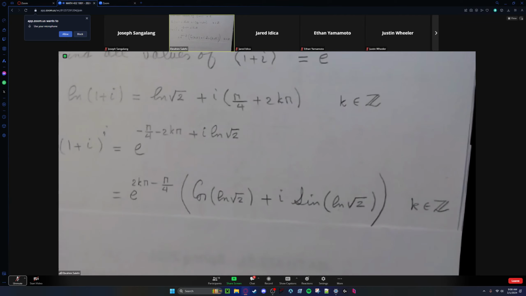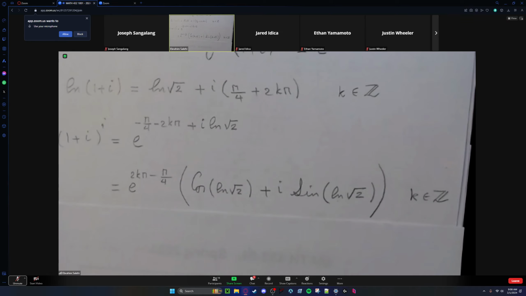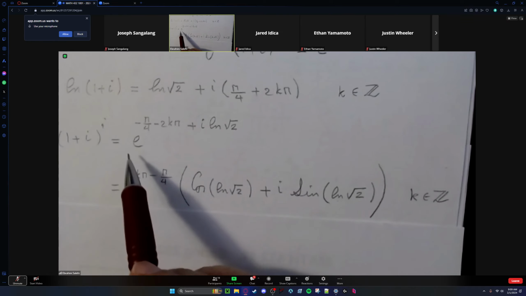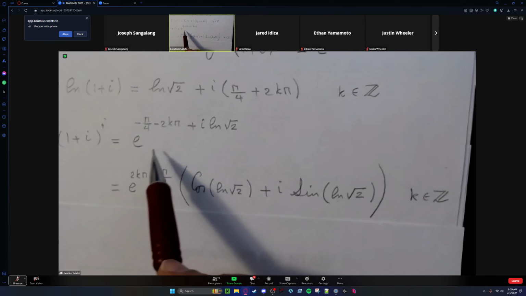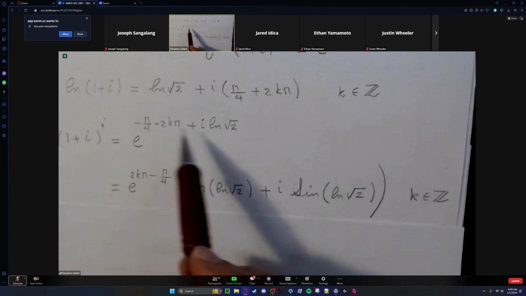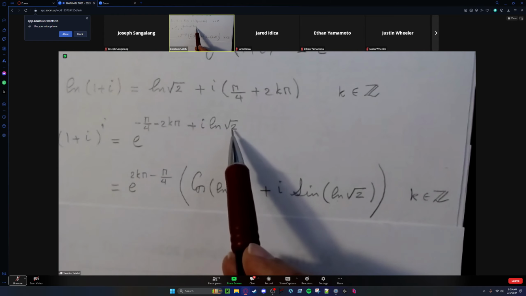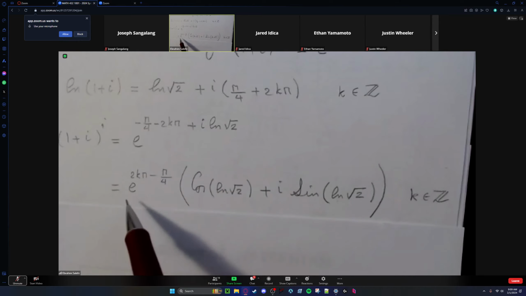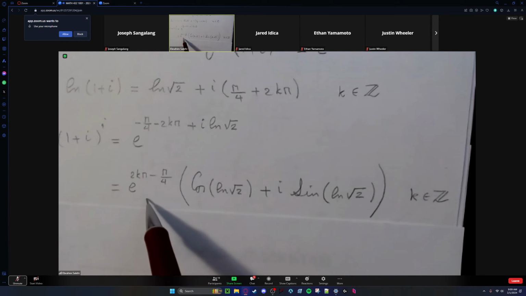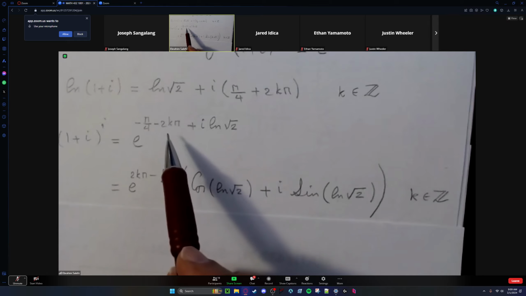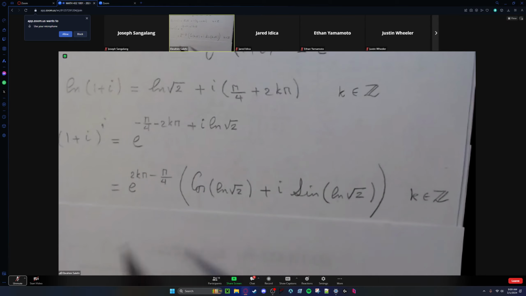Oh, well, it makes sense to see this is like e to the x plus iy. So here is e to the x. Since k is an integer, we replace it by negative k, that's fine.